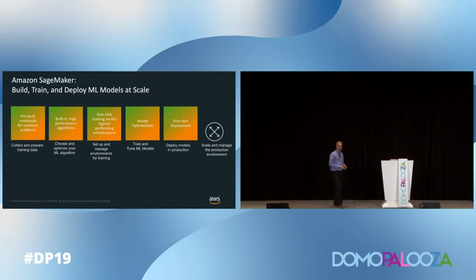Then the next thing, once you have a model that meets your business needs, you want to deploy it into a production environment that allows you to now incorporate it into applications. So you take that model, you deploy it into SageMaker's infrastructure, and SageMaker will take care of things like setting up monitoring, setting up logging, setting up automatic scaling.